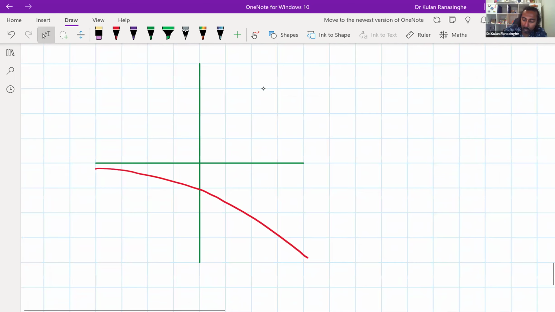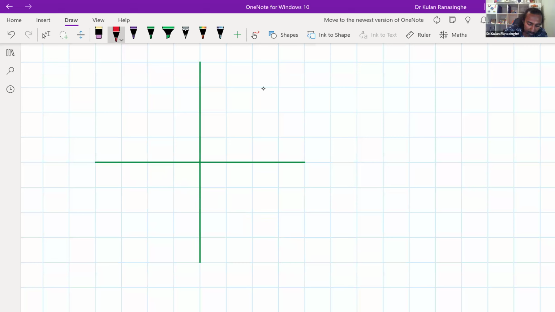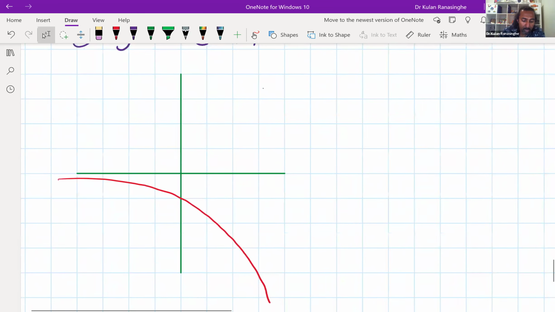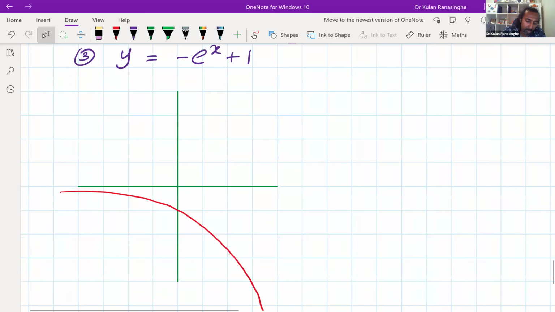I'll make it a little more exponential form. That way that's much better. And then you translate it 1 unit in the positive direction of the y-axis. Obviously, I have to label them y and x.